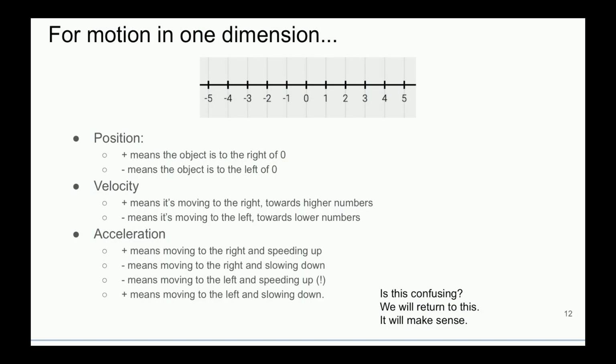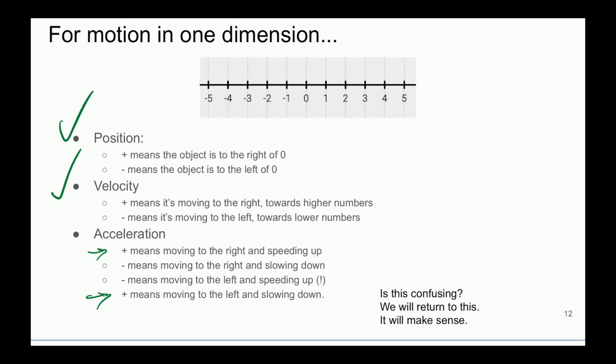So for motion in 1 dimension, it turns out that position and velocity are what we discussed, and acceleration is, oh, what a mess. Acceleration is, if you get plus, it could mean 2 different things. It could mean that it's moving to the right and speeding up. It could also mean it's moving to the left and slowing down.